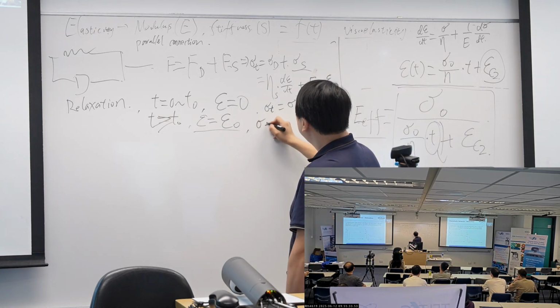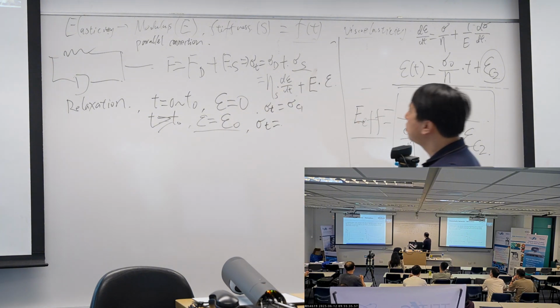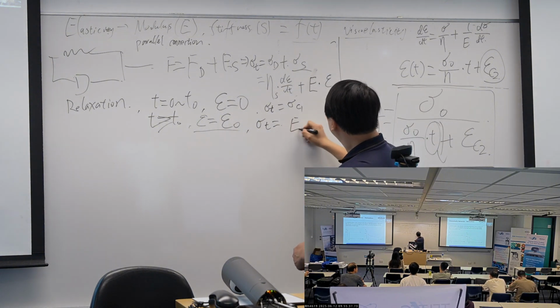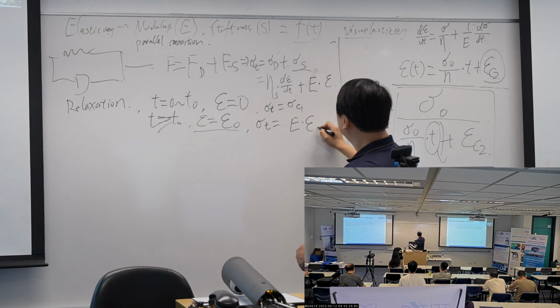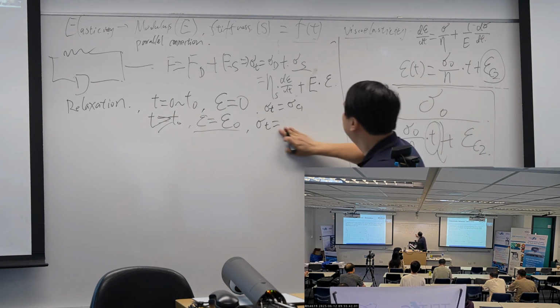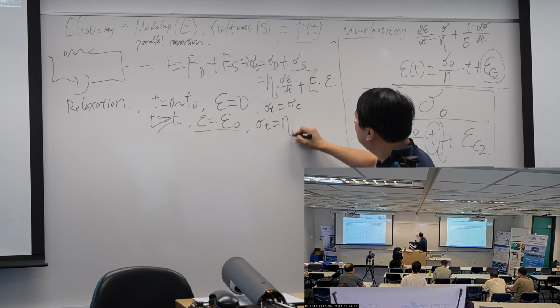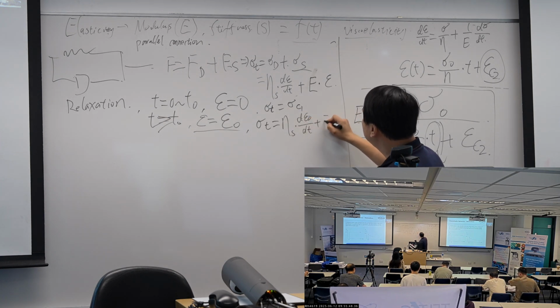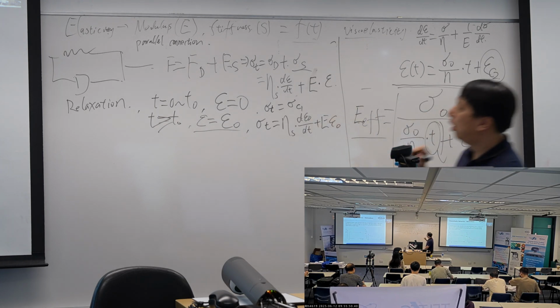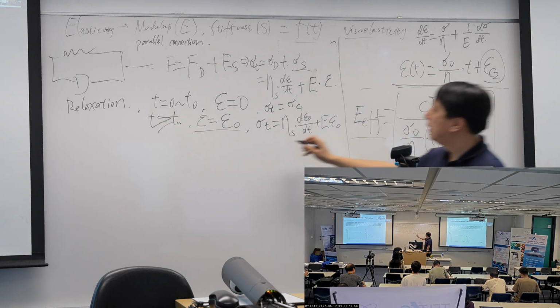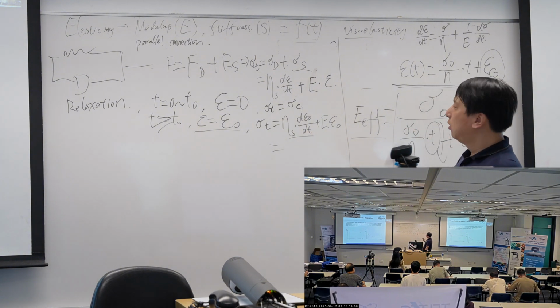The sigma t equals, I'm sorry, this is eta times d epsilon 0 over dt plus E times epsilon 0. And then this term is 0.